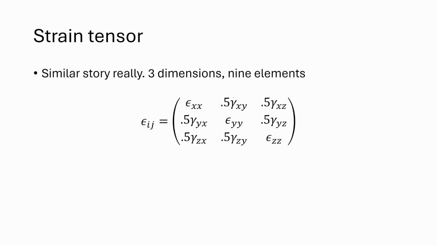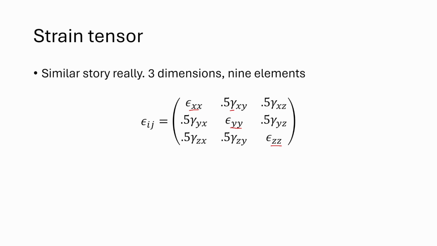So here is our strain tensor, and we have these 3 diagonal elements, xx, yy, zz, and those are the axial strains, and then we have these shear strains, which are the gammas.